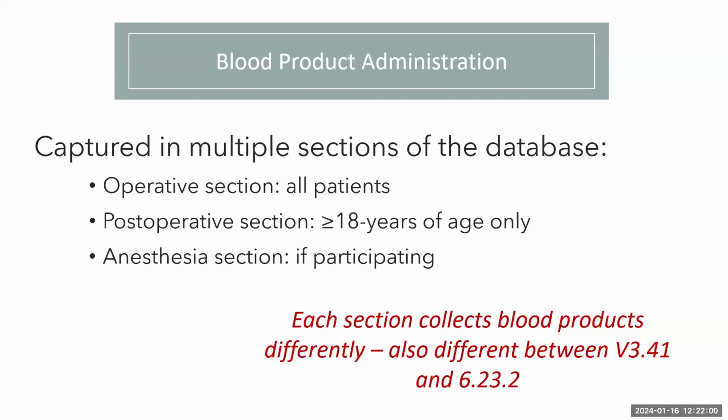So I know that's painful, but it's just where other parts of the database, how the adults want to collect their blood products, how anesthesia wants to collect their blood products versus on all patients, how we want to collect blood products. So I know it's still perhaps a little bit painful, but just know it is different, and when you're collecting blood on a patient, you're probably going to have your training manual open, which I hope you do always anyway, to look and see what the definitions are and what and when should be collected. So next slide.